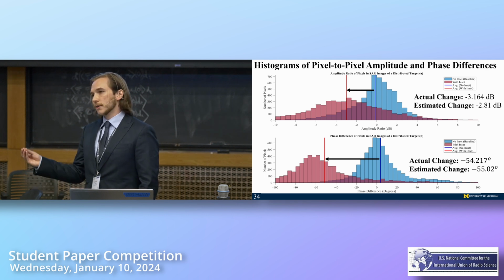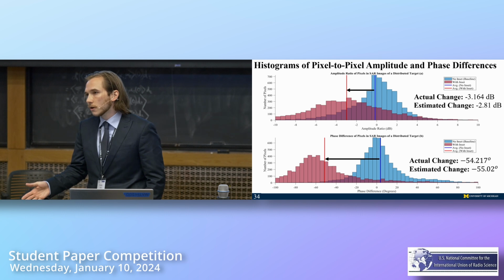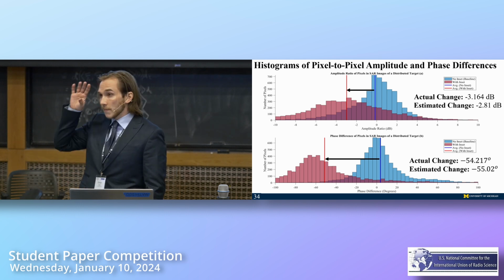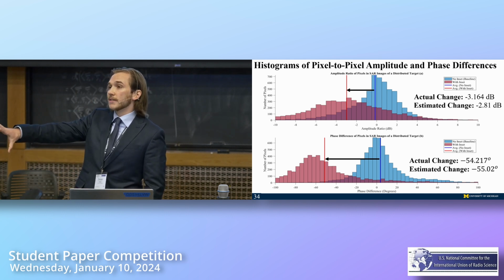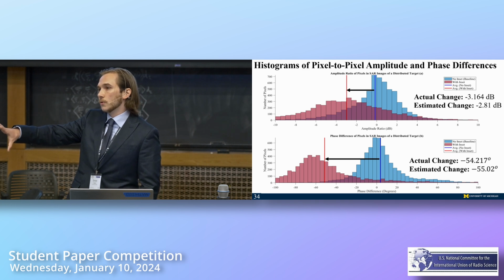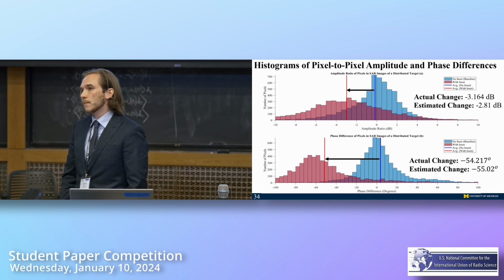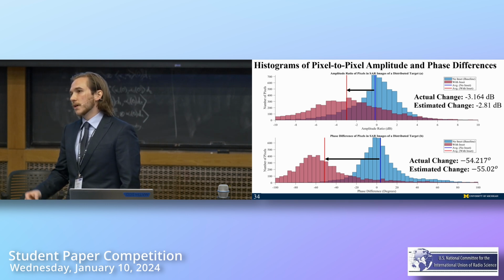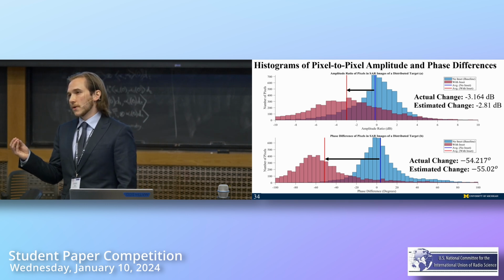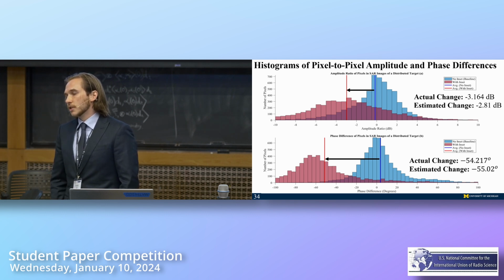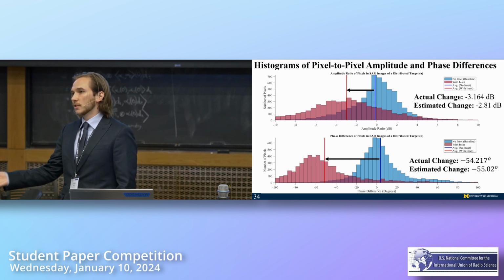One of the parameters that factors into your signal-to-noise ratio is your coherence time, the amount of time that you're actually looking down to form your image. That determines the signal-to-noise ratio of your image. So you can use different values of coherence time and estimate what SNR you're going to get. It may vary depending on the system. Some systems may need a longer coherence time, some may need a shorter coherence time.